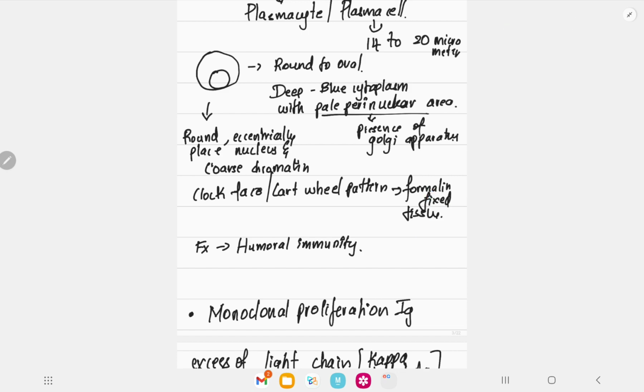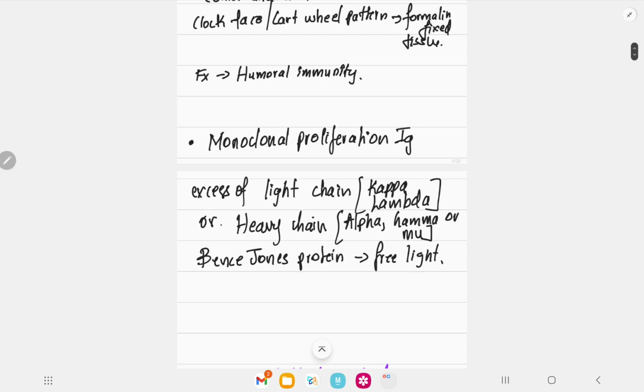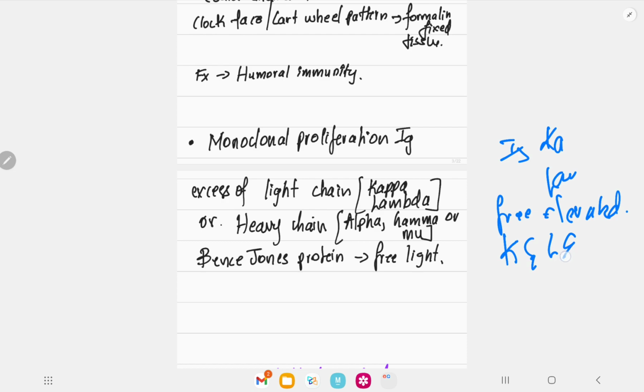And next is, as I said, there is monoclonal proliferation of IgG and there is excess of light chain. The light chain may be kappa or lambda. These are the free light chains, and these free light chains get elevated. When elevated, they show a skew towards either kappa or lambda, so any one you can see elevated.